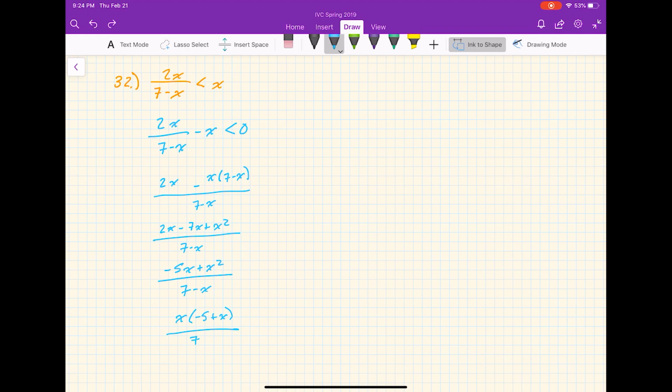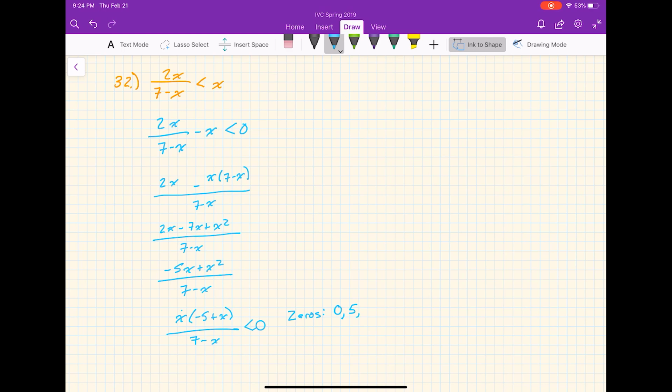And of course, all of this is supposed to be greater than 0, which I should have written for all of these coming down, but really, we just know that that's the case, right? So now let's figure out what my zeros are. I'm going to have a 0 at 0 because if that leading term x was 0, that would make it 0.